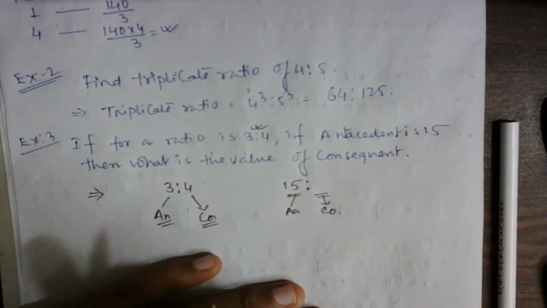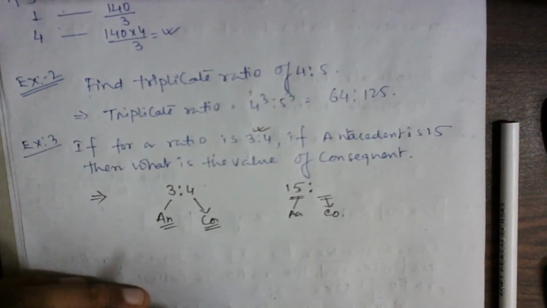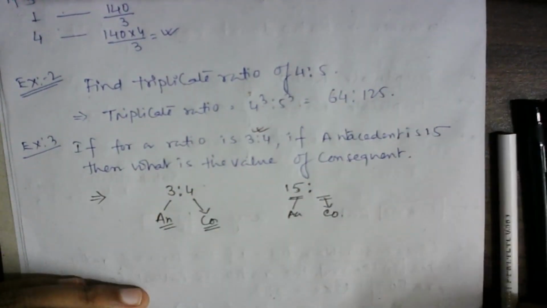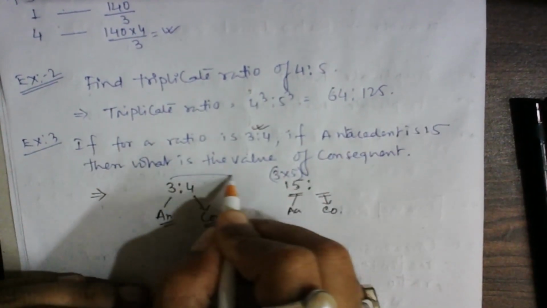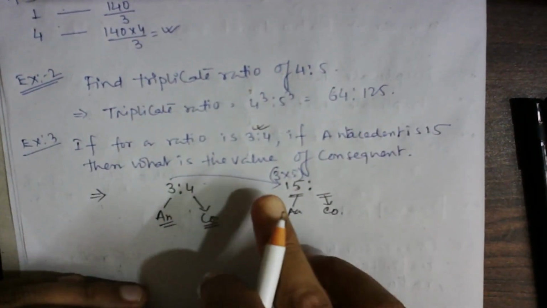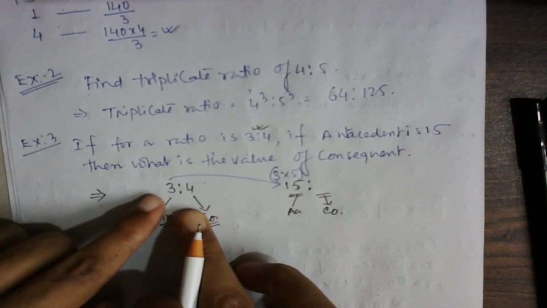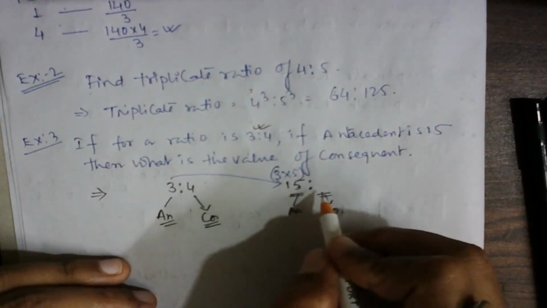How does 3 become 15? When you multiply 3 with 5. So what will be the consequent?